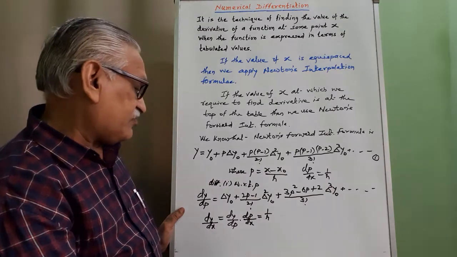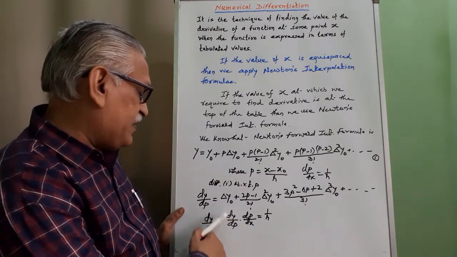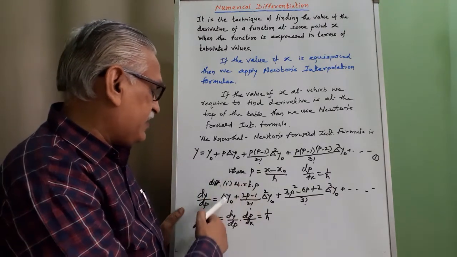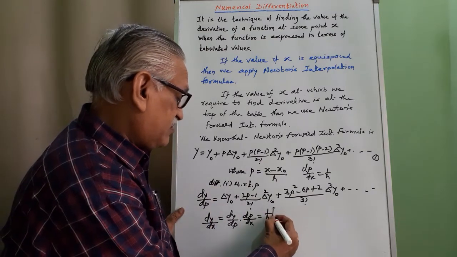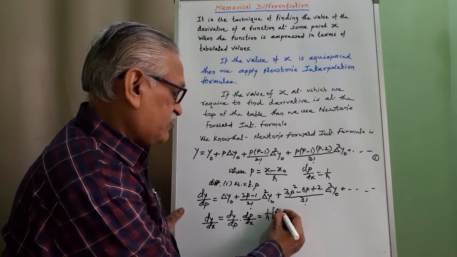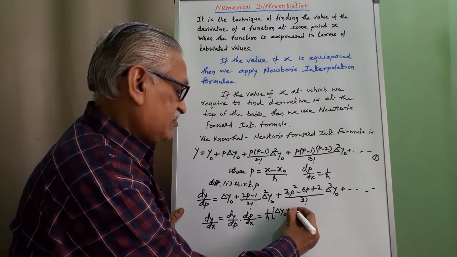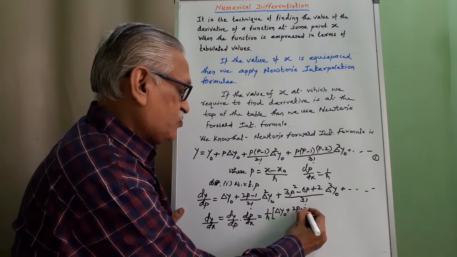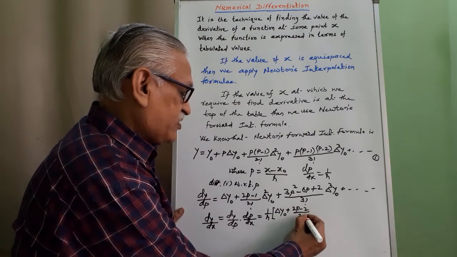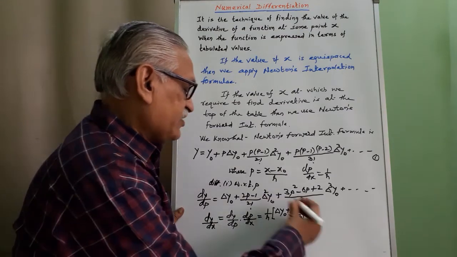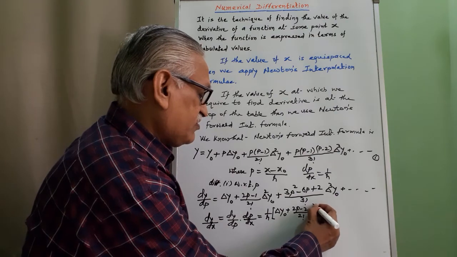Into dy by dp, the value of dy by dp is delta y0 plus (2p minus 2) divided by 2 factorial into del square y0.